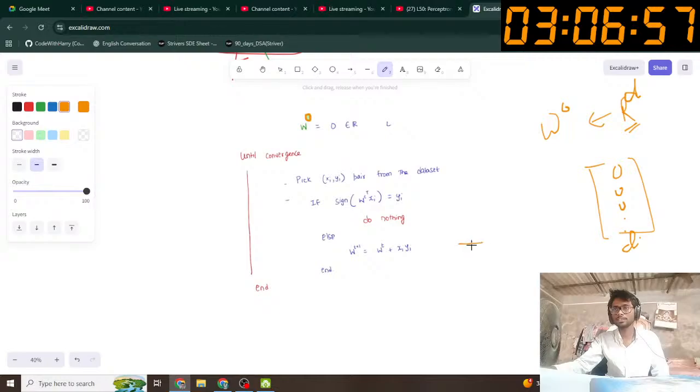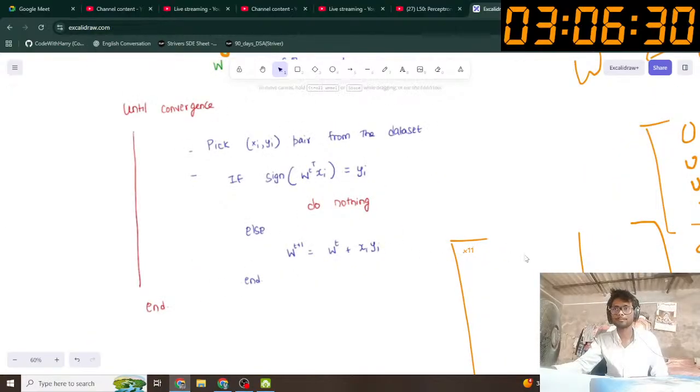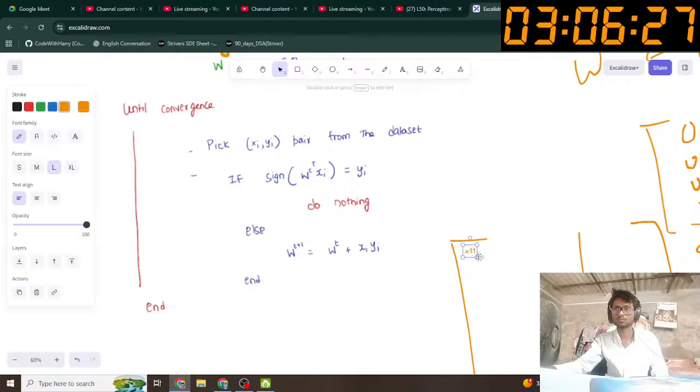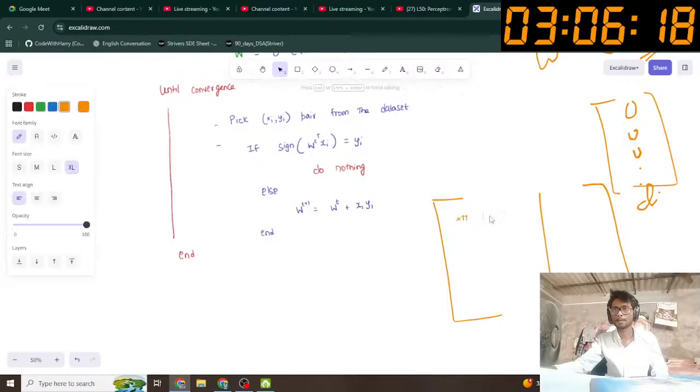Now there will be a dataset. Let's say this is our dataset: x11, x12, and x13.